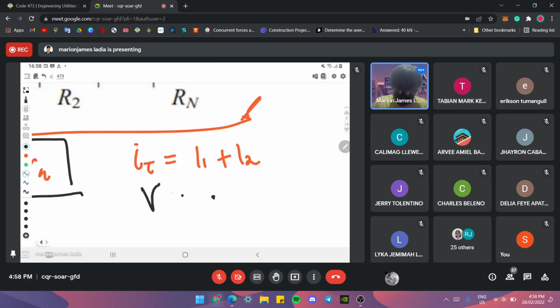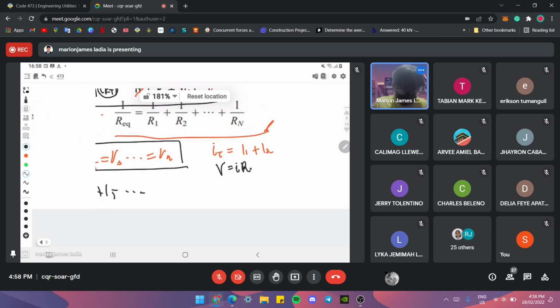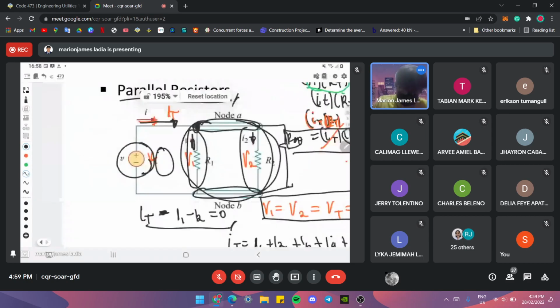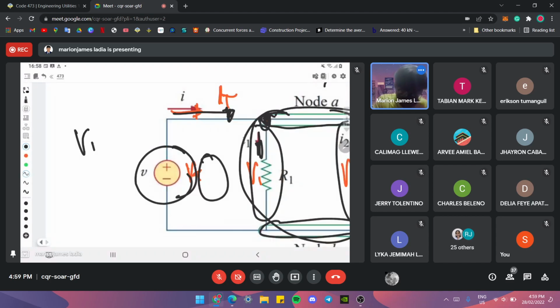So V is equal to IR. So from that, I may say that V total is equal to I total multiplied by R total. We did the same thing earlier.